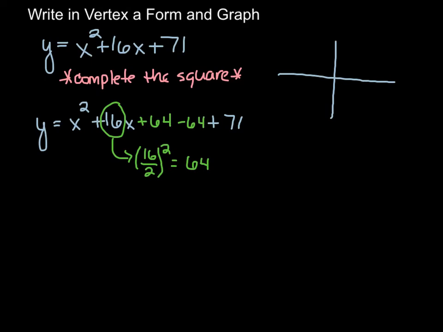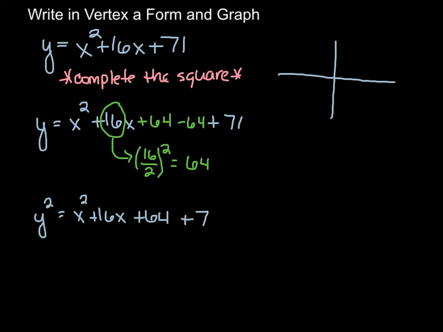We just wrote it a little differently. So I'm just going to rewrite my equation. We got x squared plus 16x plus 64. Then these can combine. Negative 64 plus 71 is positive 7.